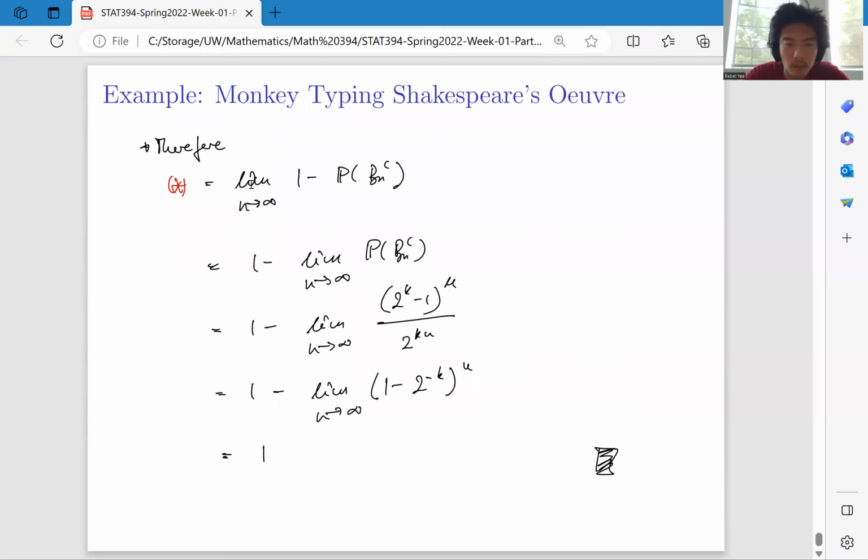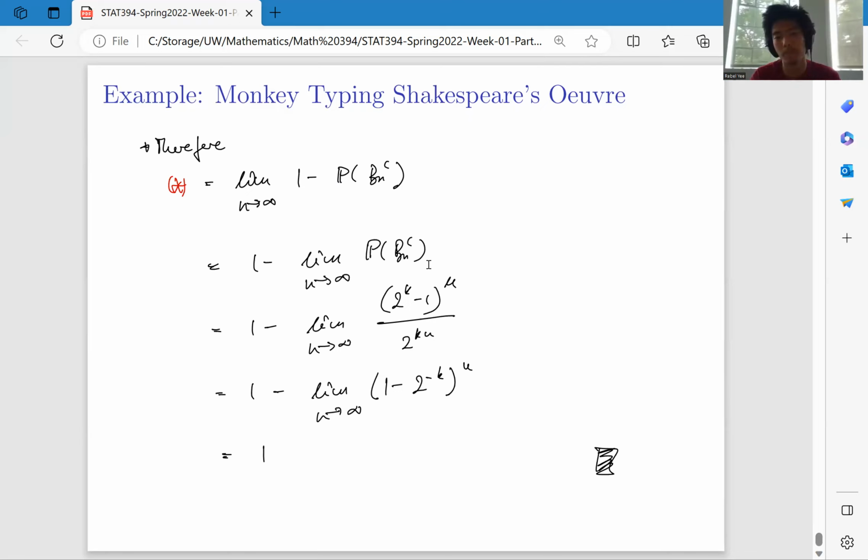And now we add the limitation of n goes to infinity, like 1 minus the probability of B complement. This is the same as the probability of B. We just transform the limit outside of this large bracket into this small bracket. And why do we want to calculate 1 minus P of B complement?